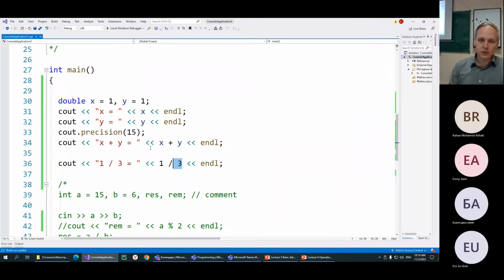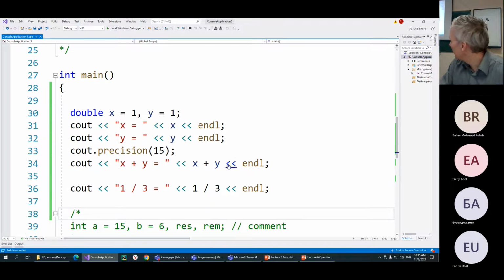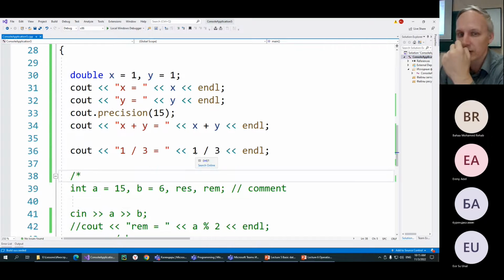To perform real division, I must write here not integer constants, but a real constant. Unfortunately, I cannot increase the font in the hints that Visual Studio shows you.